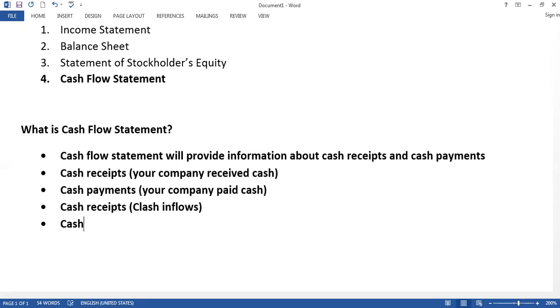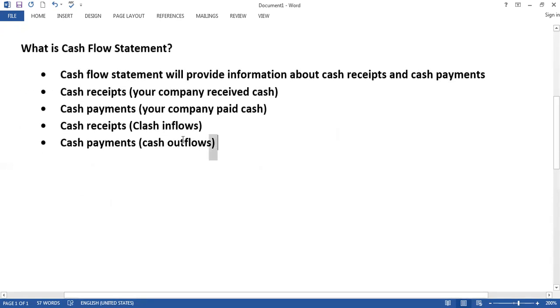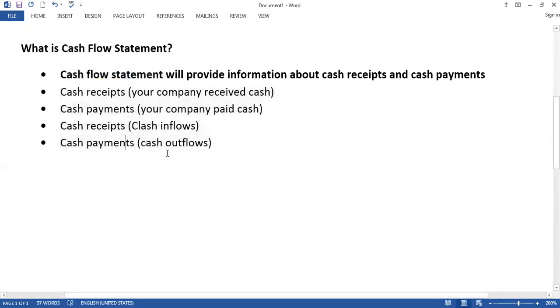And cash payments means cash outflows. So you can see that everything is related with cash. So you have different terminology here. Cash receipt means your company received cash, that is cash inflows. And cash payment means your company paid cash, that is cash outflows. So these are the different terminology.